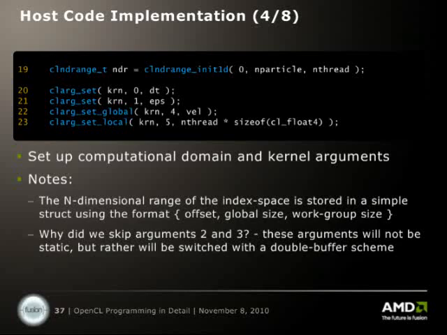In lines 20 through 23, we have to set our kernel arguments. This is a bit different from standard C programs, for example. Normally in C, when you make a function call, you assume that your arguments are simply pushed onto the stack. So there's a very implicit call model there that doesn't require the programmer to do very much.